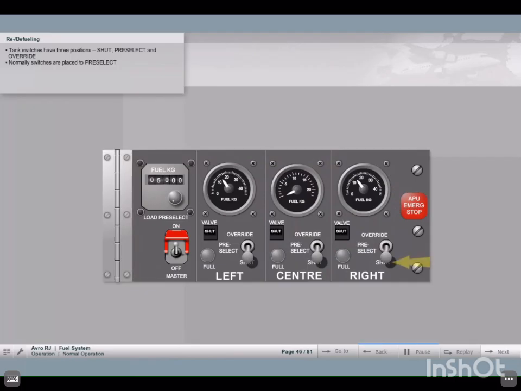The individual tank switches have wing tanks only automatically selected for fuel states up to 7,300 kilograms or 16,100 pounds, or 8,300 kilograms or 18,300 pounds when auxiliary tanks are fitted.